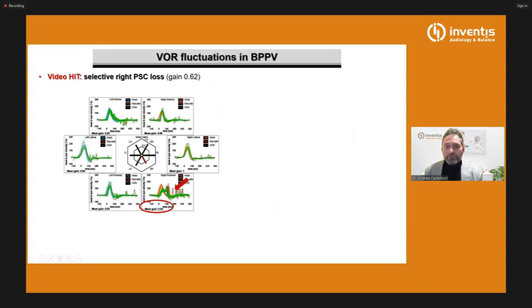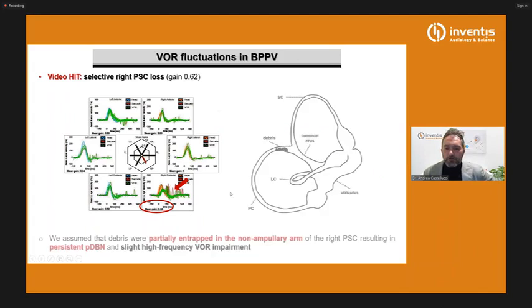And we found her with this tiny reduction of the gain for the right posterior canal. So I hypothesized that debris were partially entrapped in the nonampullary arm of the right posterior canal, resulting not in a spontaneous nystagmus, but in a persistent positional downbeat nystagmus, with slight high-frequency gain impairment.